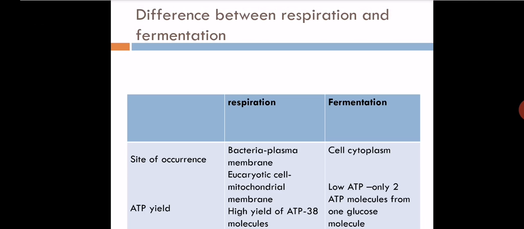Then regarding the ATP molecules, in case of respiration, if we count the total number of ATP, there will be 38 molecules. We know in the EMP pathway 8 ATP, in the TCA cycle 24 ATP, so 24 plus 8 is 32, and 6 from pyruvic acid oxidation, so 38 molecules.